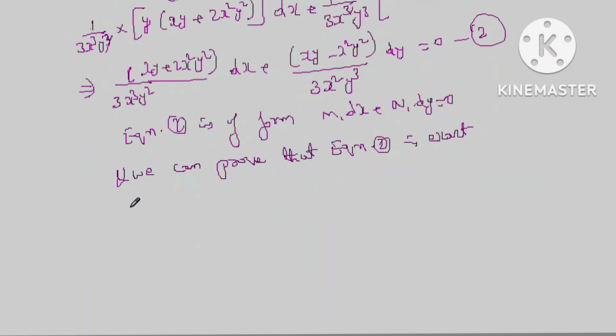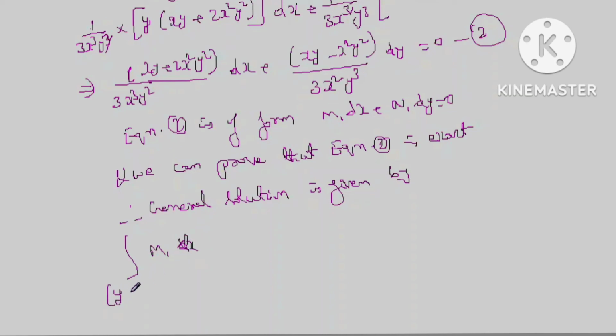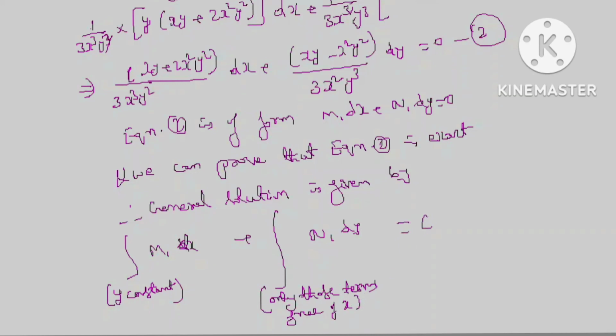Therefore, the general solution is given by integral m1 dx, where y is constant, plus integral n1 dy, where n1 contains only those terms free of x, is equal to the constant of integration.